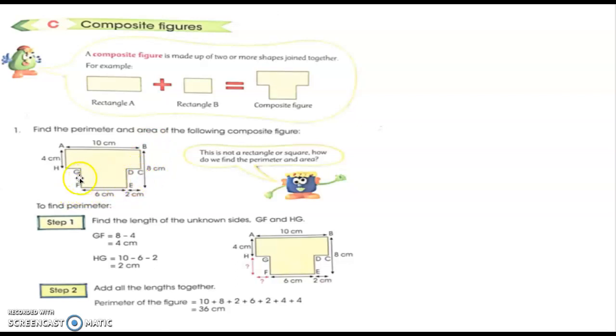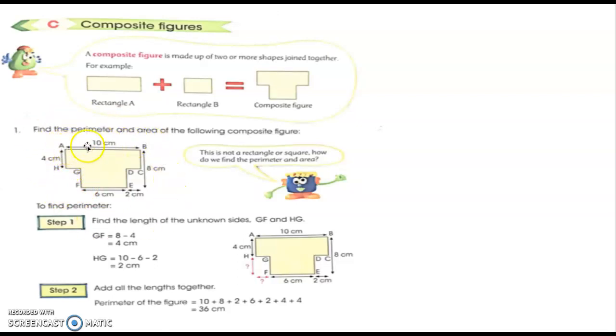And then this one and this one equal 4, and this we know is 10, so 10 minus 6 minus 2 will be 2, right? So it will be 2 again. So this is 2 and then 4. So you can just find out.